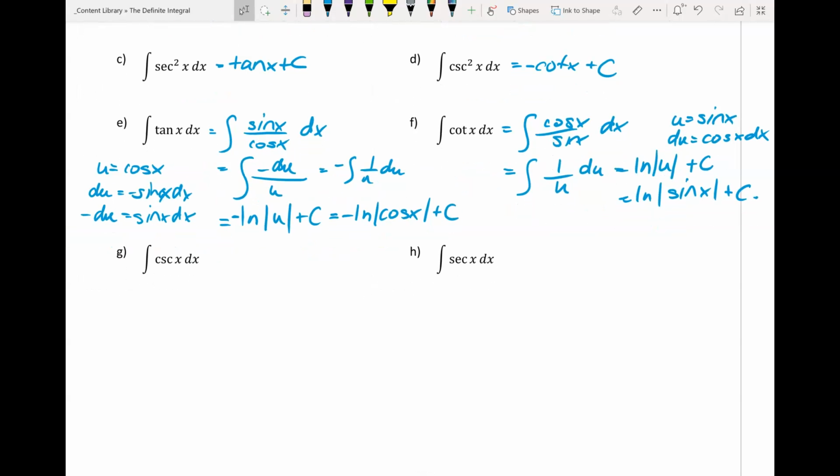For G, again, if we want to take the antiderivative, we don't know the direct antiderivative for this one, but we can manipulate this in some sort of way to make it easier for us. I'm going to multiply this top and bottom by cosecant x plus cotangent x.